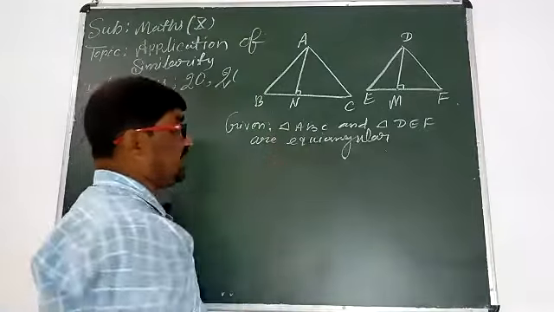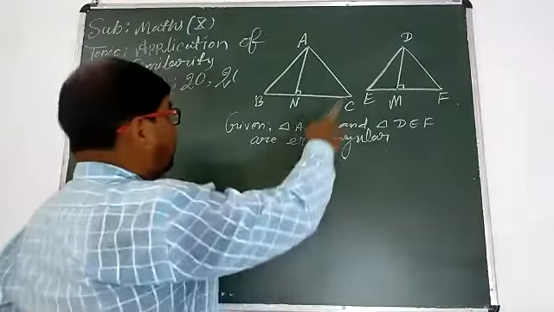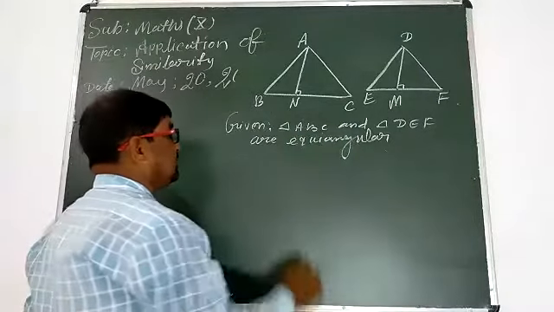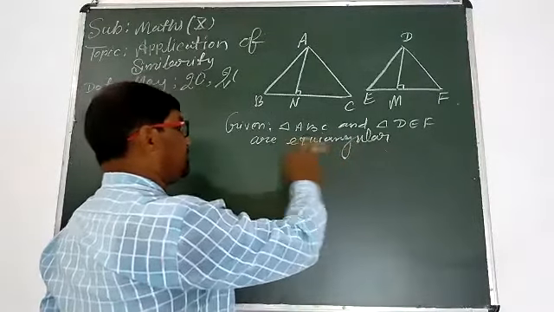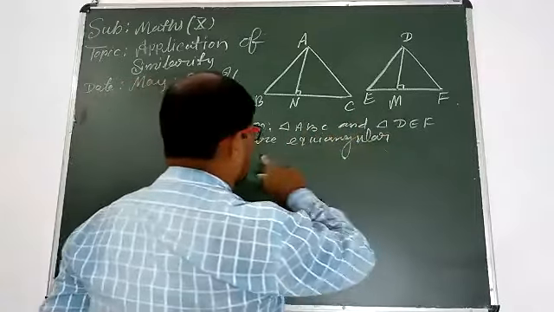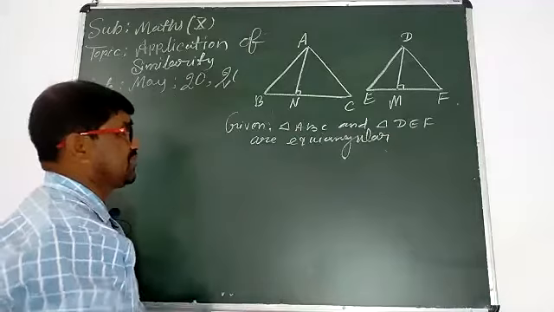Triangle ABC and triangle DEF are equiangular.